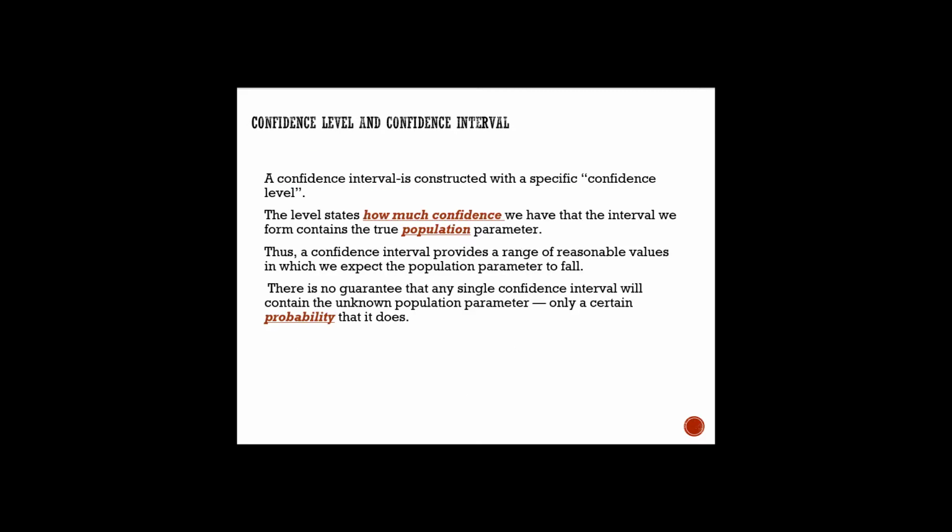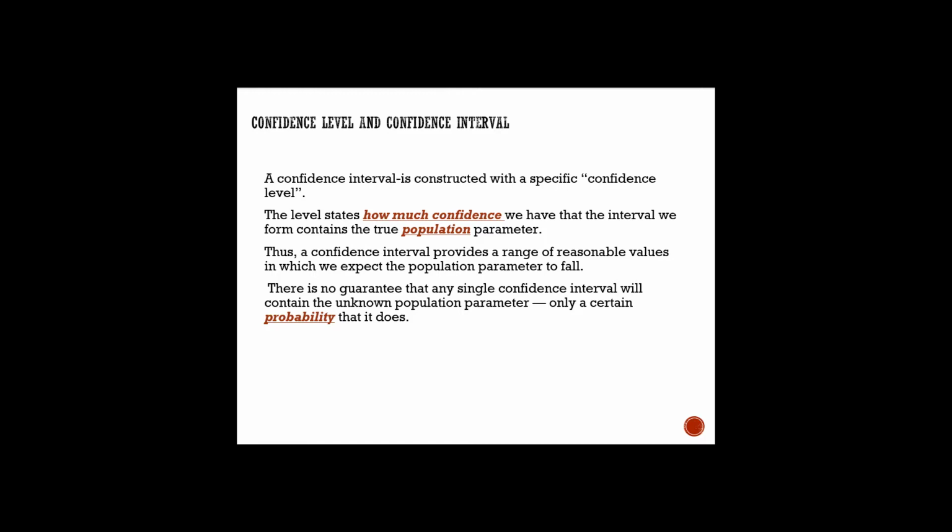So let's talk a minute about this confidence level. As I told you before, a confidence interval is always constructed with a specific confidence level in mind. This level says how much confidence we have that the interval that we create contains the true population parameter. So a confidence interval provides a range of reasonable values, and we expect the population parameter to fall within this range, but there's no guarantee.